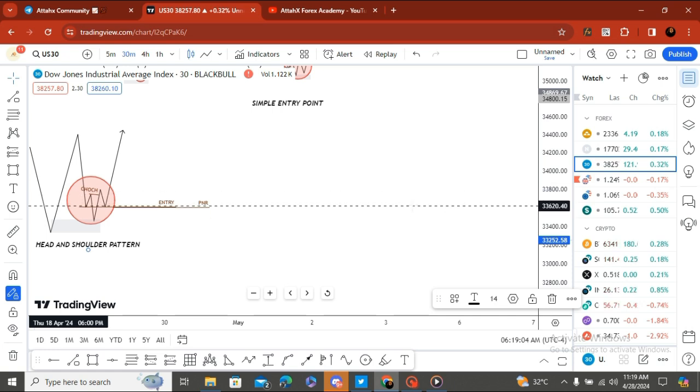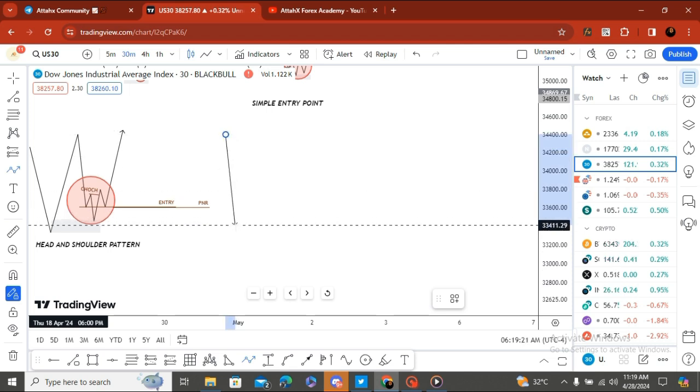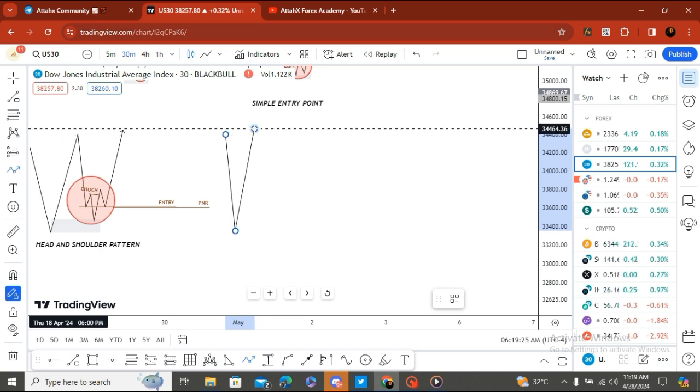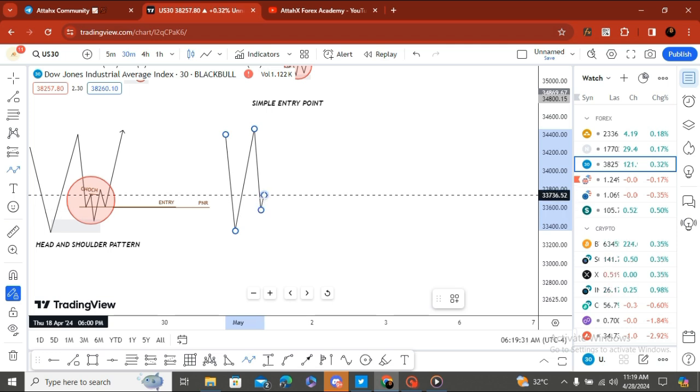So the second entry point pattern that I've studied, and has been proven and tested, and I've been using it for over 2 years now, is what we call the Quasimodo. This is an example. This is a higher time frame bias, and this is what happens on a lower time frame.